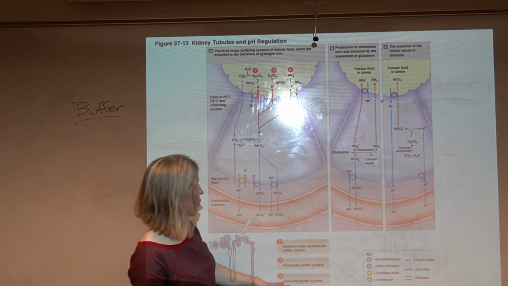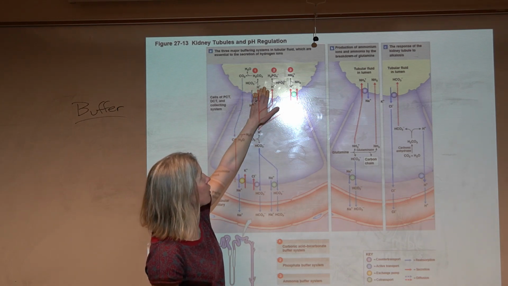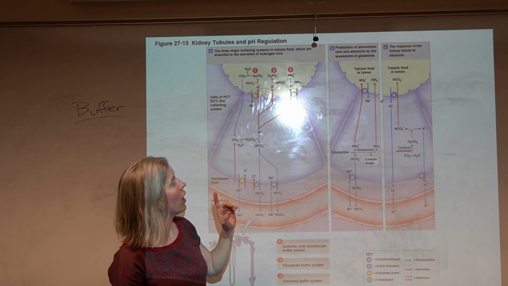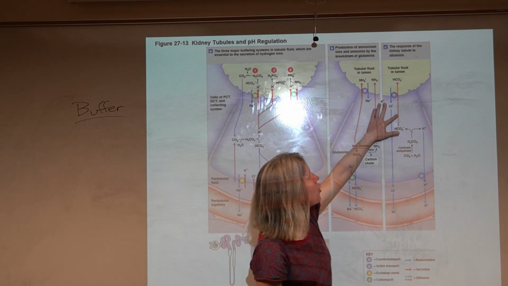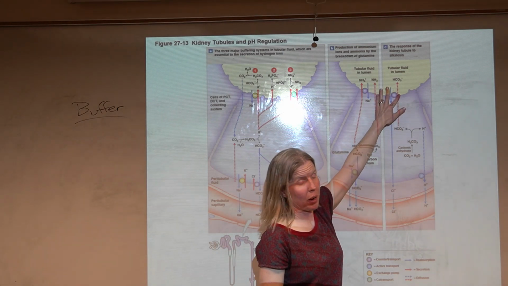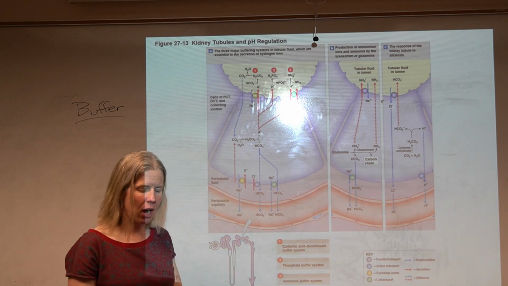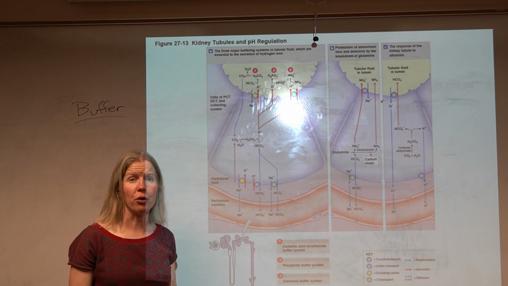And so here they are, they're showing us actually some of those buffers we talked about earlier. Bicarbonate is present there, phosphate, and then ammonia, okay? On this side, notice you also can secrete bicarbonate and reabsorb hydrogen, probably less common, but the kidney really can work in both directions.